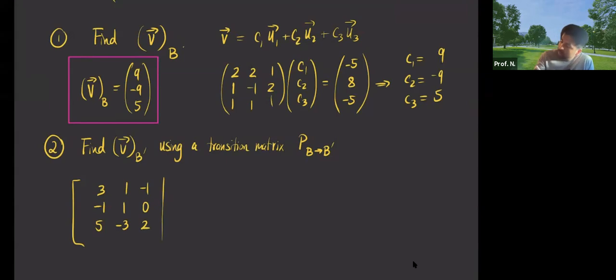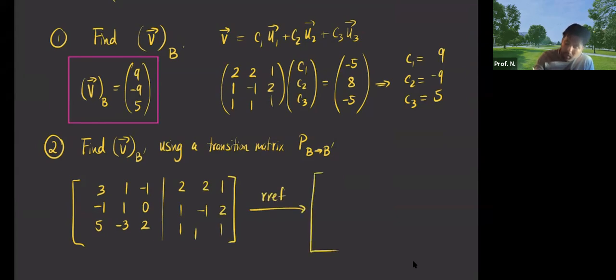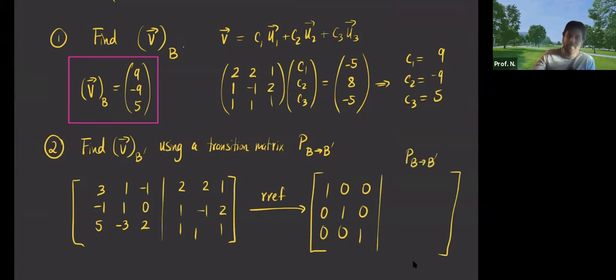And then the old are 2, 1, 1, 2, negative 1, 1, 1, 2, 1. I want to find the row reduced echelon form, and the expectation is that the left side is 1, 0, 0, 0, 1, 0, 0, 0, 1. And on the right, that's going to be my transition matrix P, B to B prime.